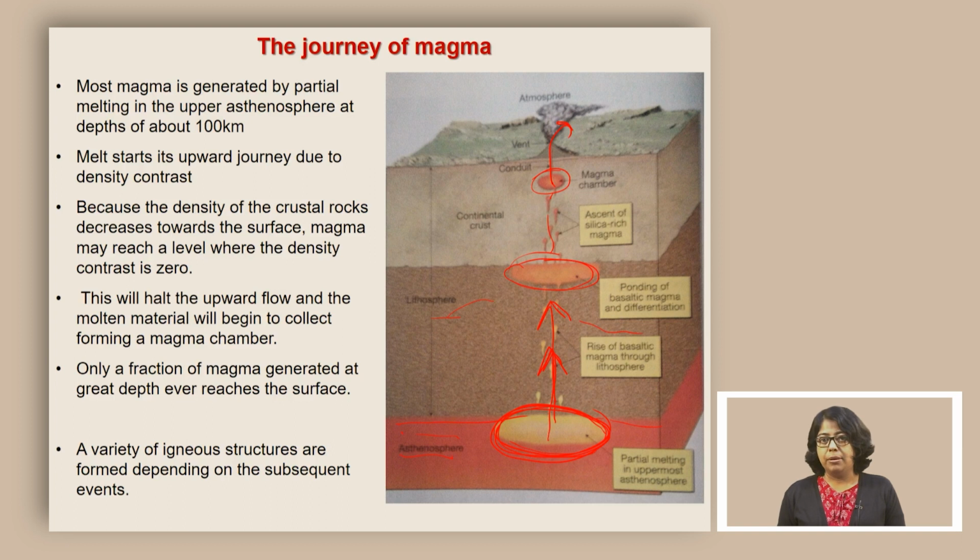Whether the rocks are going to form underneath the surface or above the surface depends on how the magma chamber is behaving, what the composition of the magma is, what the temperature profile is like where the magma chamber is forming, and also the amount of volatiles involved in it. So, a variety of igneous structures can form depending on the subsequent evolution of this magma chamber.